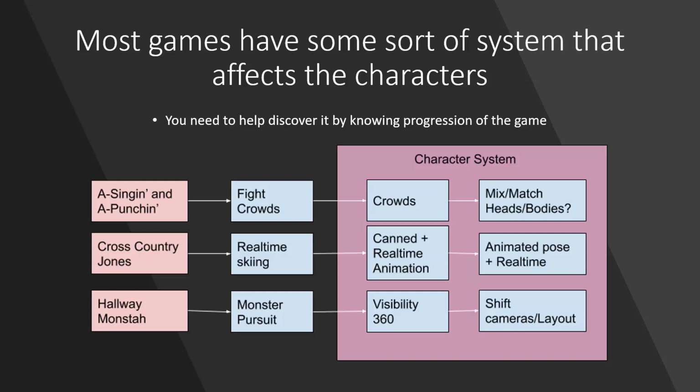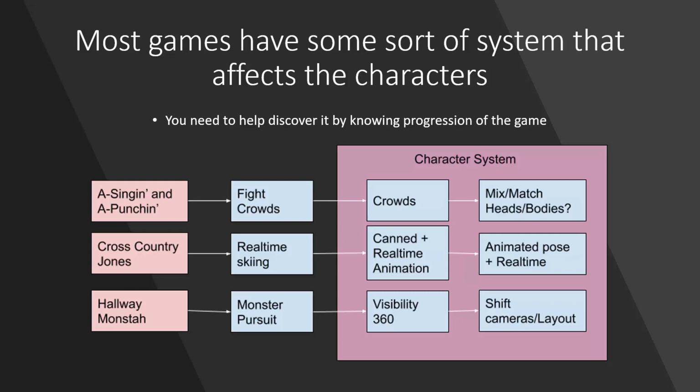So for a game that is about a musical game where you get in fights called a singin' and a punchin', well, you fight the crowds. Okay, well, the character system then is crowds. Do you need to mix and match heads and bodies? What is our system for doing that? For a game about running cross country, it's Cross Country Jones. Well, it's real-time skiing.